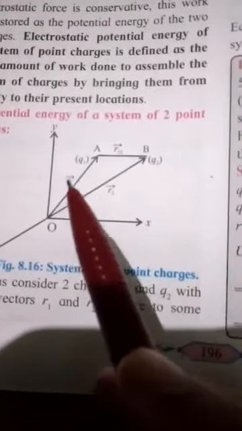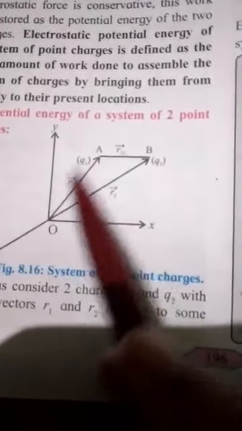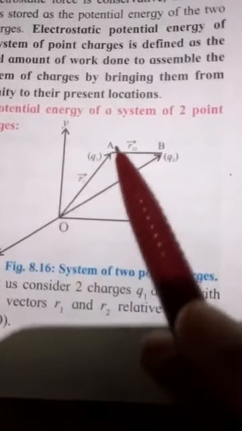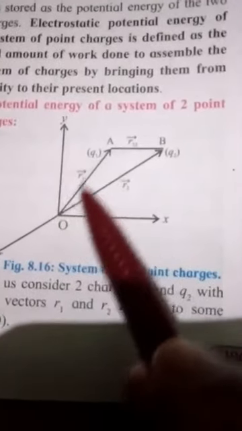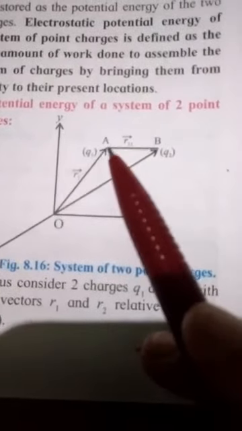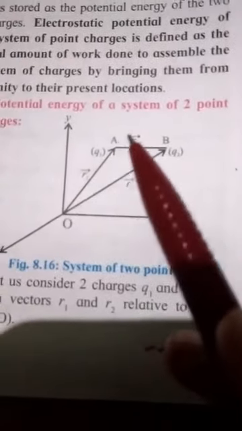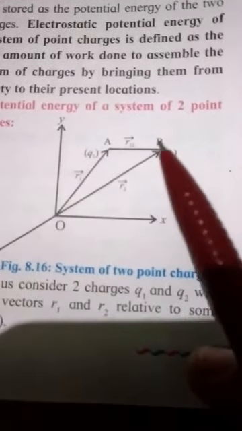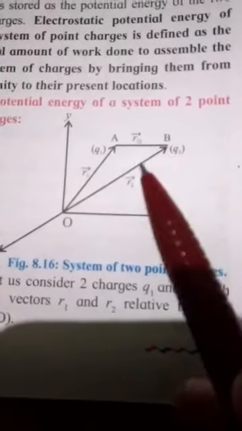R1 vector and R2 vector show position vectors, not magnitudes, only the position of the particle. At point A is the position of one particle and at point B the position of the other.